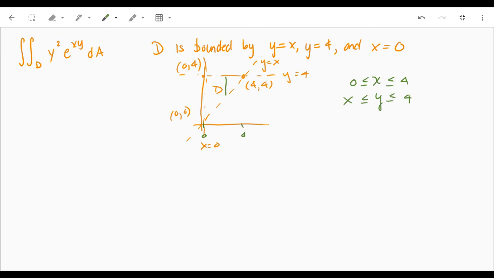So x is between the functions x equals 0 and x equals 4, and y is between the functions y equals x and y equals 4. That gets us our region. Okay, so that would work.